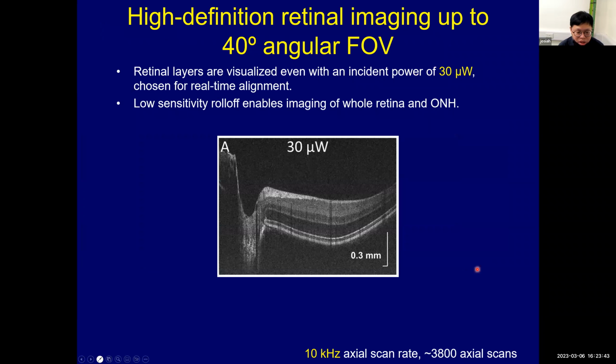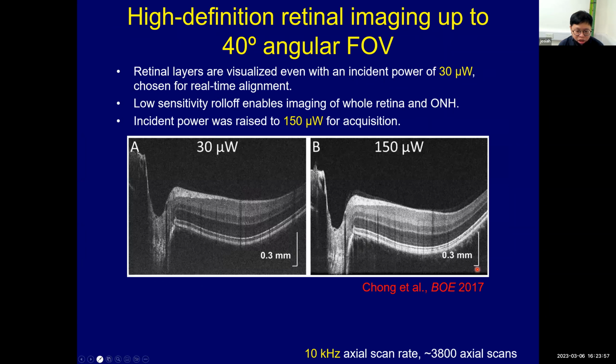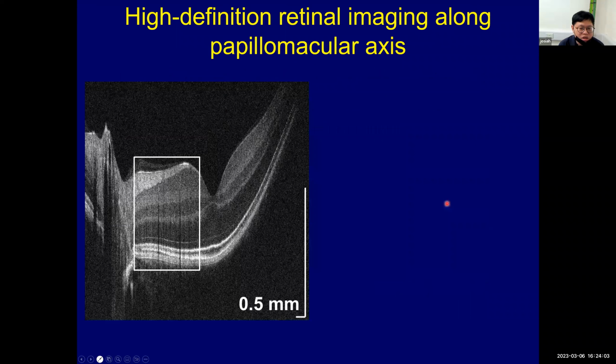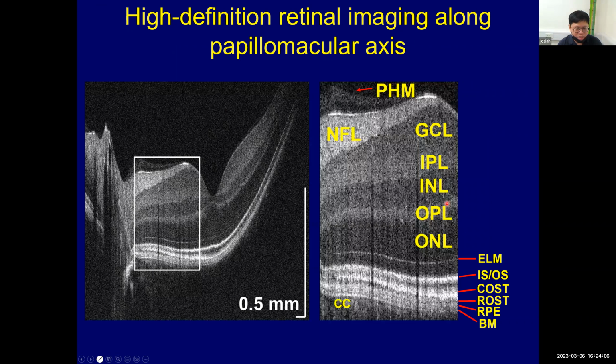This is one such image we showed using visible OCT with 30 microwatt, which we use for alignment. When we are happy with the alignment, we switch to high power, like 150 microwatt, for the actual acquisition. This is one of the highest resolution images you can see in the literature that does not use adaptive optics.